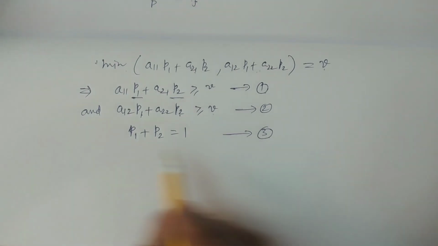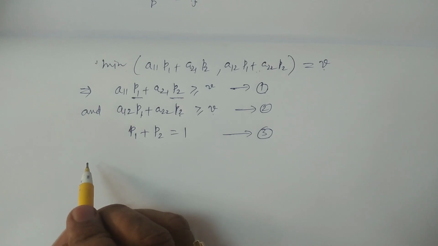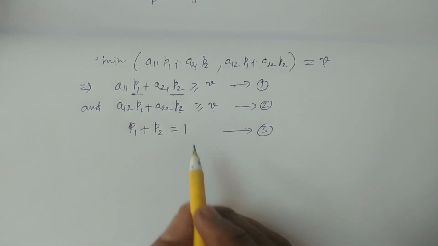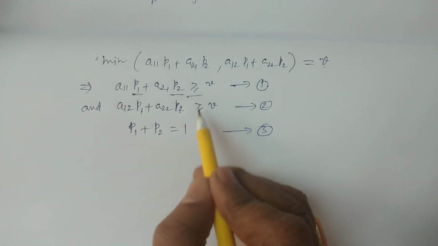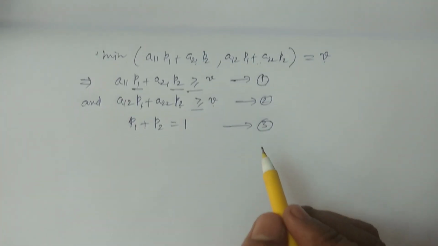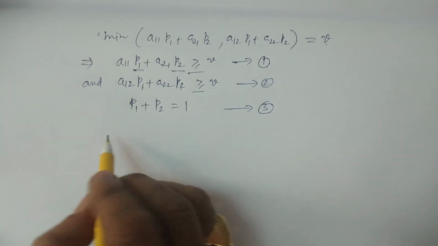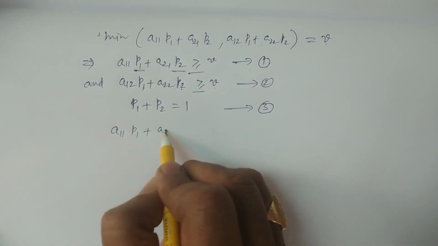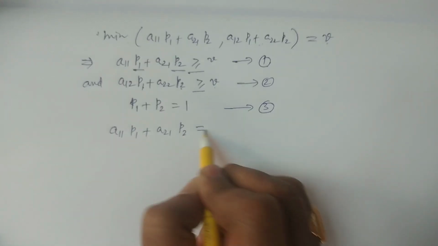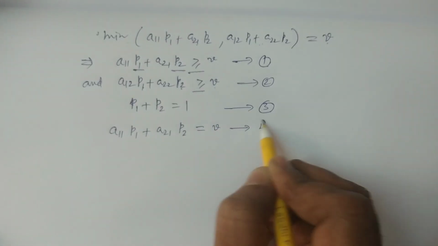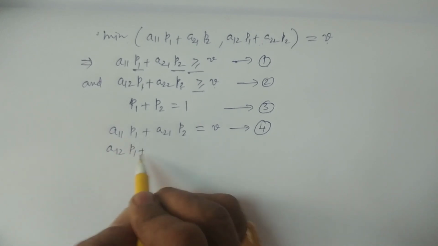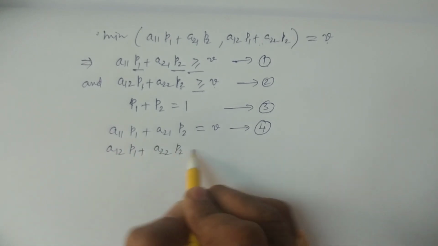So now, to calculate the value of the game, I am converting the greater than or equal to constraints; strictly, I consider equality of the constraints. That is, for inequalities 1 and 2, I consider A11 P1 plus A21 P2 equal to mu, let me call this equation 4, and A12 P1 plus A22 P2 equal to mu, equation 5.